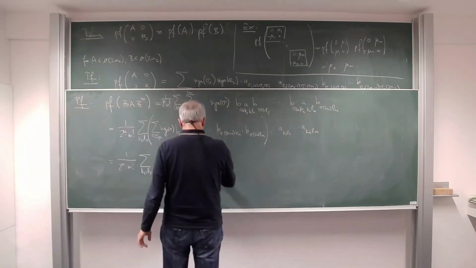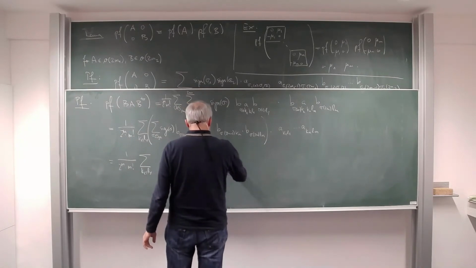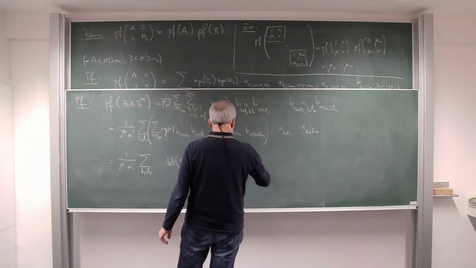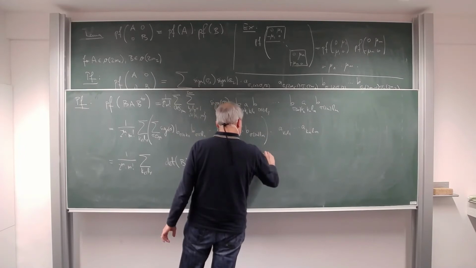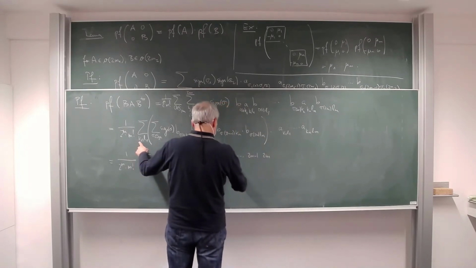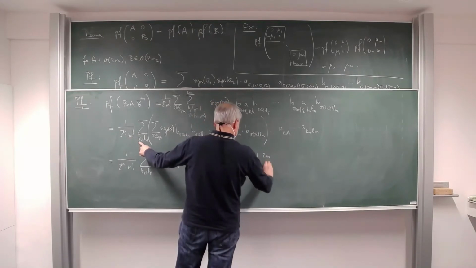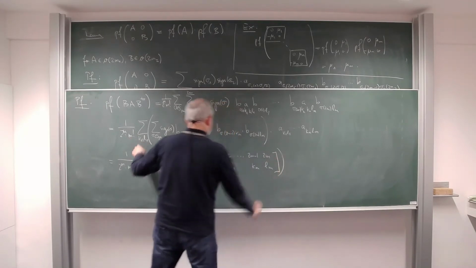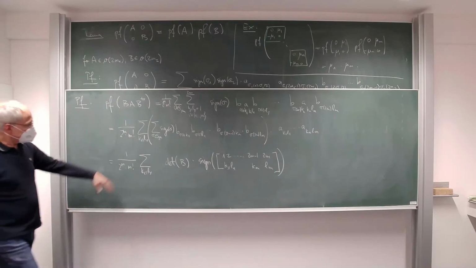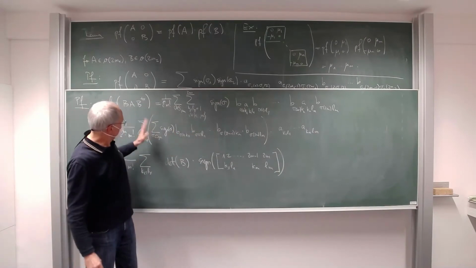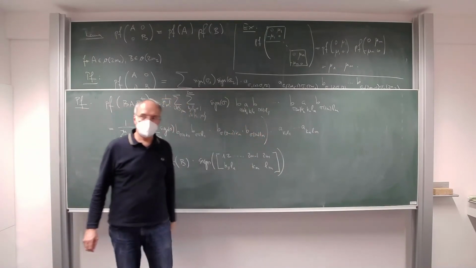So this will be the sign of the permutation which is given by K1, L1, and so forth up to Kn, Ln. So this term is what we have in this bracket.